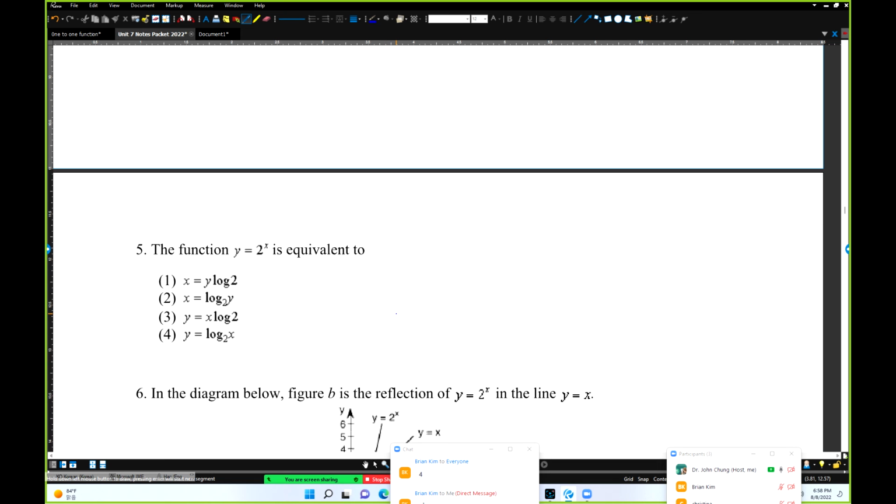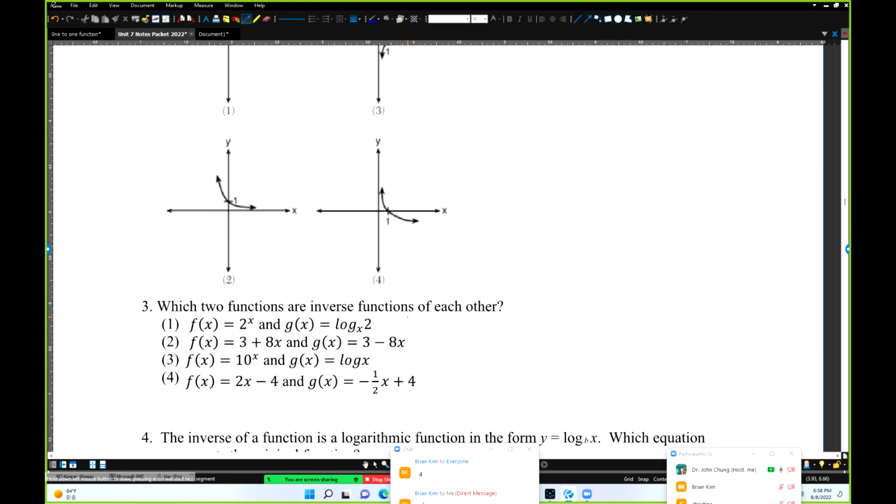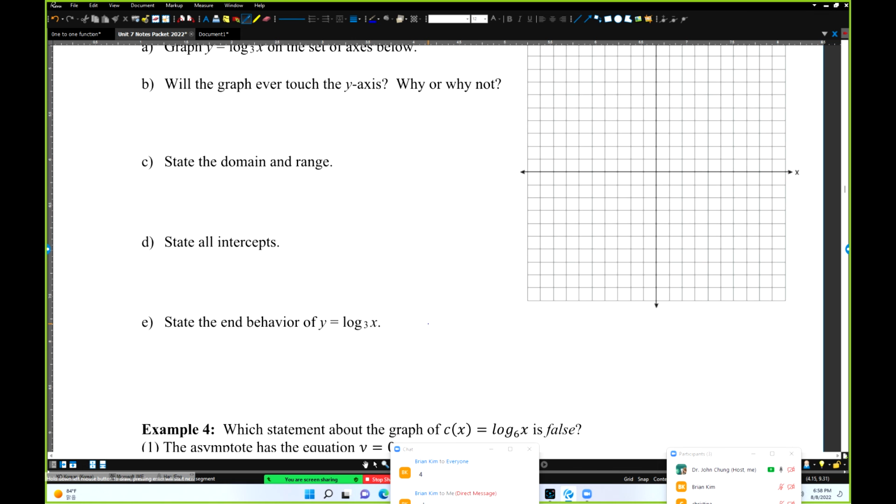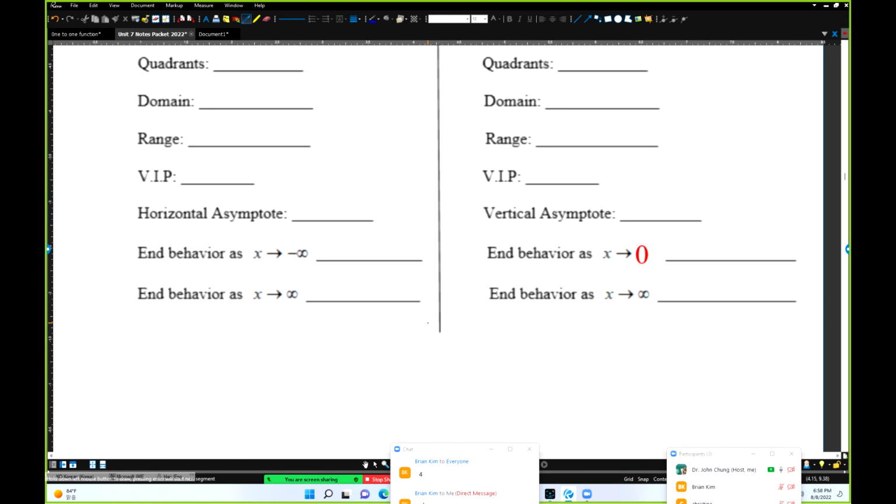Using this logarithm, we can find the operations of log, because exponentials also have operations: a to the x times a to the y equals a to the x plus y, and a to the x divided by a to the y equals a to the x minus y. There must be corresponding log operations too. We don't always have to change to exponential; sometimes we need to evaluate in log form. We're going to learn this next time.